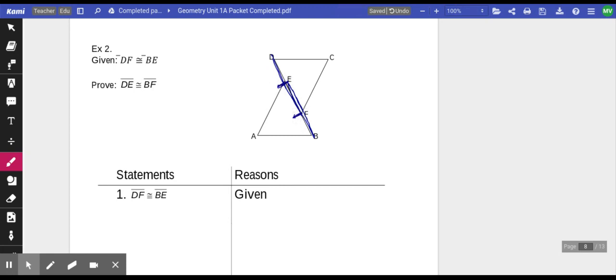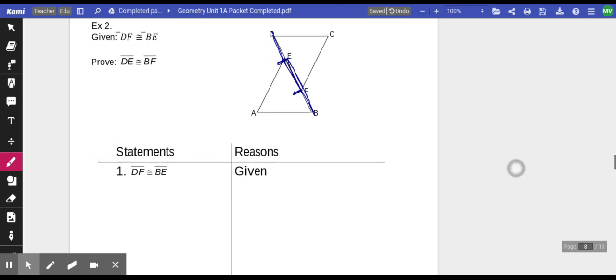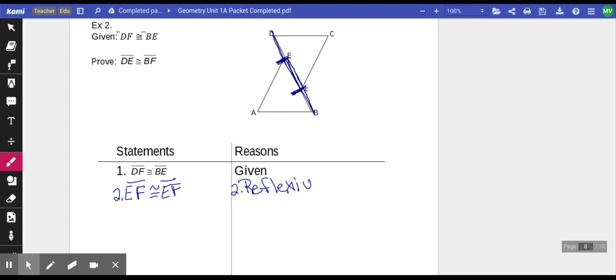And I want to prove the little parts are equal. So I have my big one. Notice this overlap. This overlap's important because I next want to say that overlap's equal. So EF is congruent to EF. And that's going to be reflexive, because I always need two equations to add or subtract.